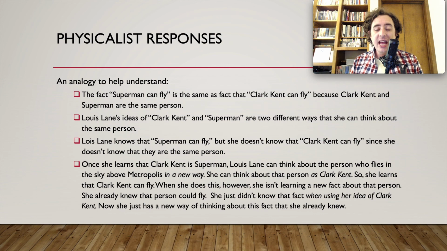And now that she has that new way of thinking about redness, she is now able to think about an earlier fact in a new way. And that is a new kind of knowledge. Nonetheless, since it's a fact she already knew, the physicalist is not forced to the conclusion that there's any facts outside of the physical facts, beyond the physical facts.